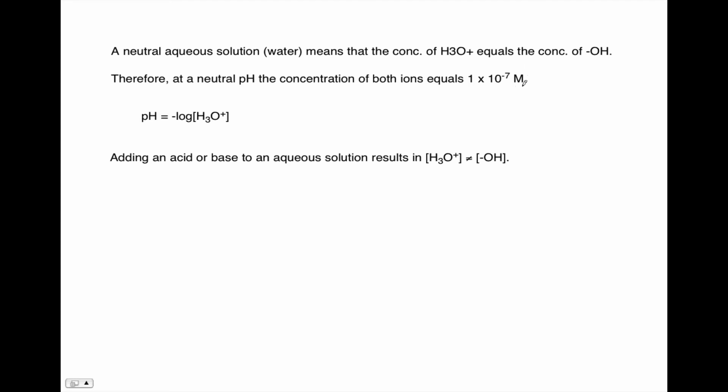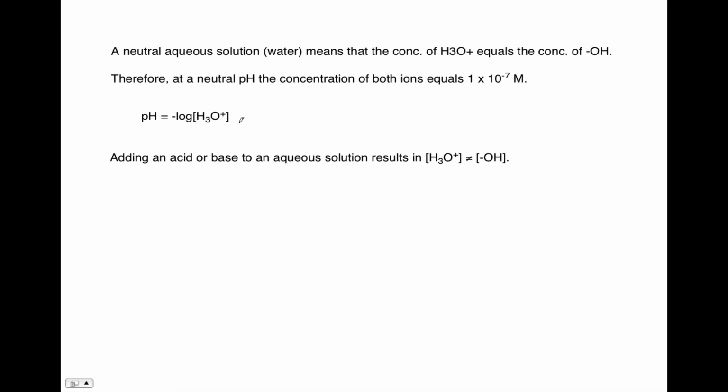That must be the concentration of each of those ions. Now the pH of any system is defined as the negative log of the concentration of H3O+. So if we know that these two things are equal, then the concentration of H3O+ has to be 1 times 10 to the minus 7th. You plug that into the equation and the pH comes out to be 7.